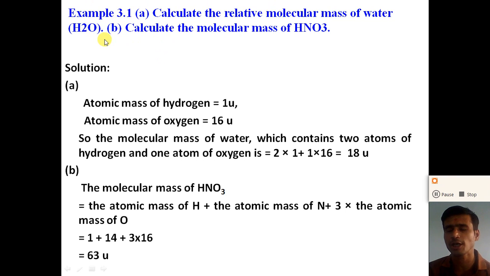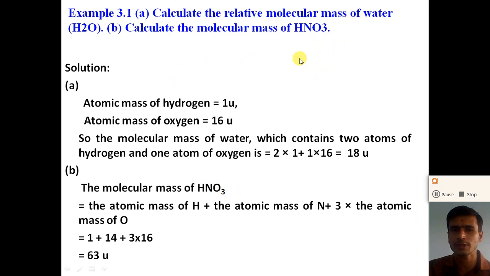In one molecule of water, two atoms of hydrogen and one atom of oxygen are present. And the second question is to calculate the molecular mass of HNO3, nitric acid. In nitric acid, one atom of hydrogen, one atom of nitrogen and three atoms of oxygen are present, right?